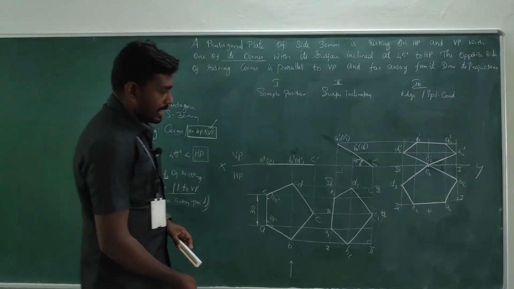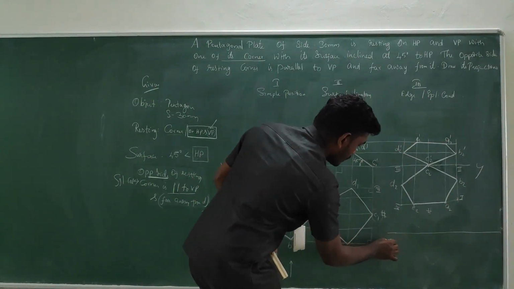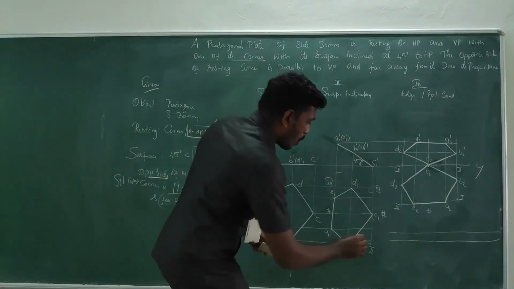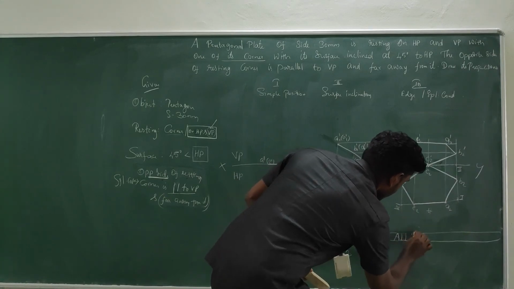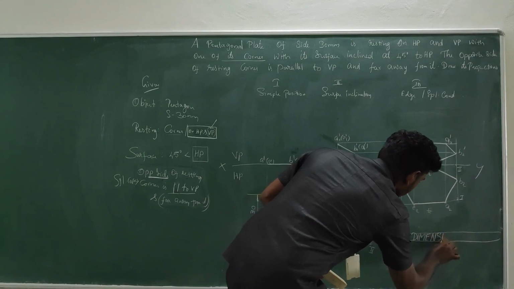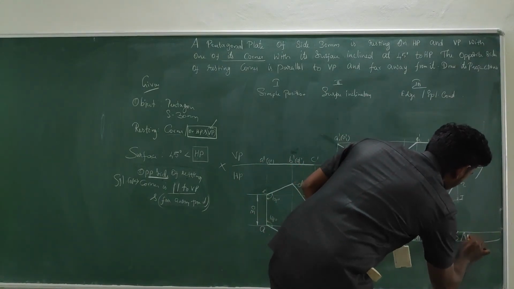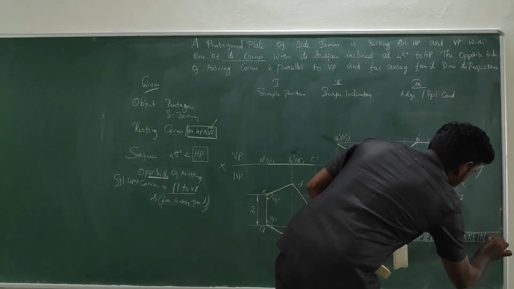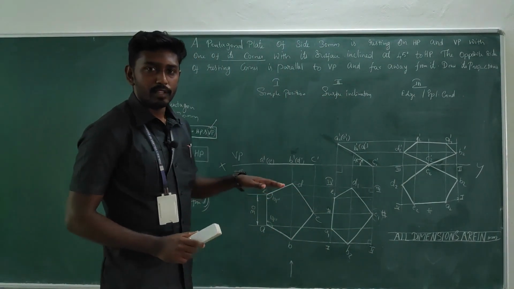Okay, and at last you have to capture that all dimensions are in mm. So for that, take the guidelines and write all dimensions are in mm. Also write about the scale, which is 1:1.